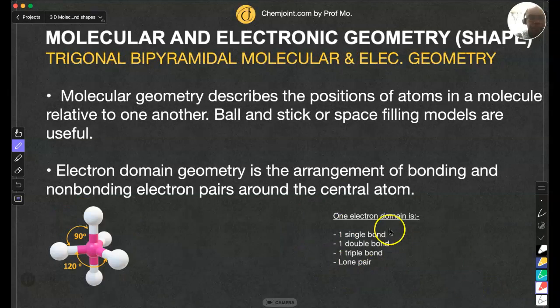Lastly, I'll show you an example of trigonal bipyramidal using PCl5 as an example. There's no lone pair on the central element, but if you connect the elements on top, you're going to have a pyramid, and so will you have it at the bottom.